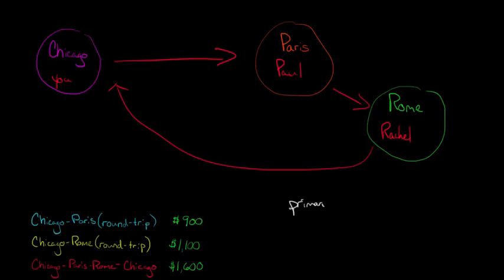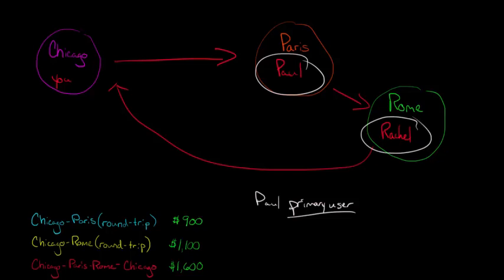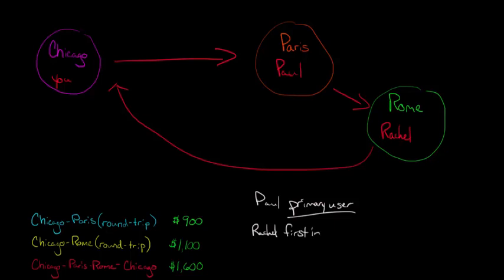Paul would be the primary user because you decided to go visit Paul first, and then Rachel came along and said, could you visit me too? So let's say Paul's the primary user because I'm going to visit Paul no matter what, and I'm only visiting Rachel because I'm visiting Paul. So if you assign Paul to be the primary user, then Rachel would be called the first incremental user.